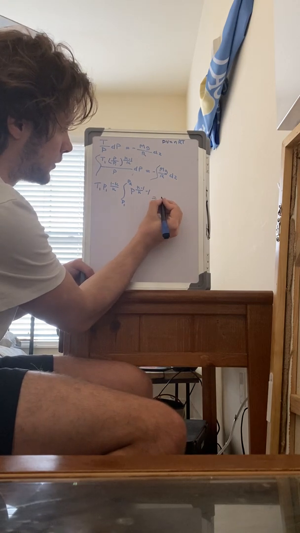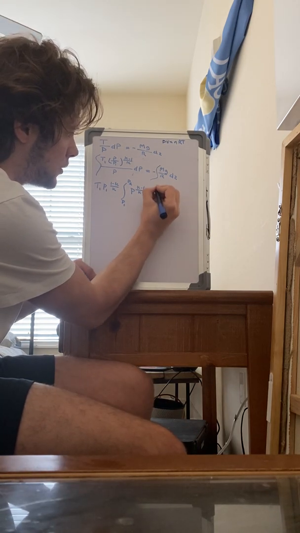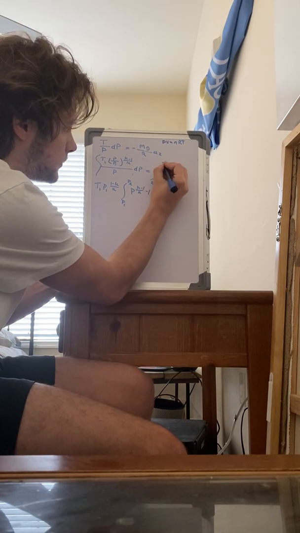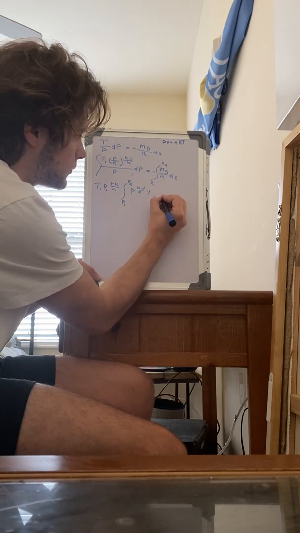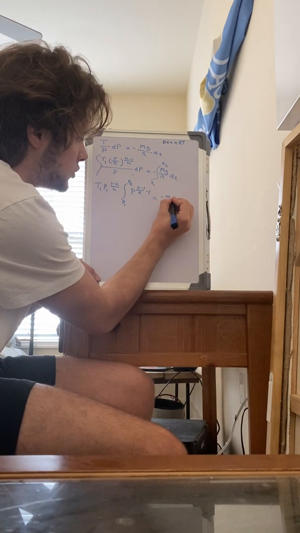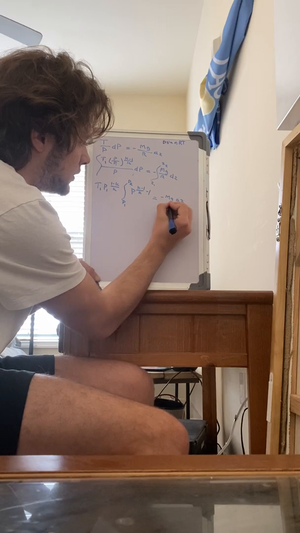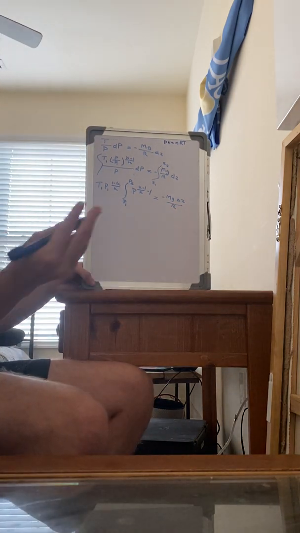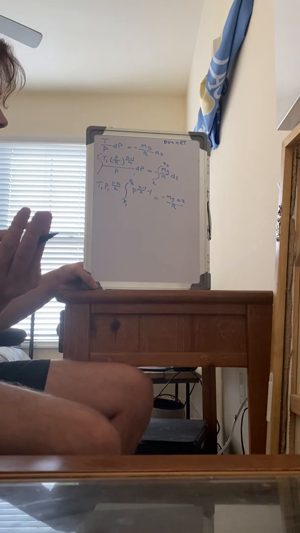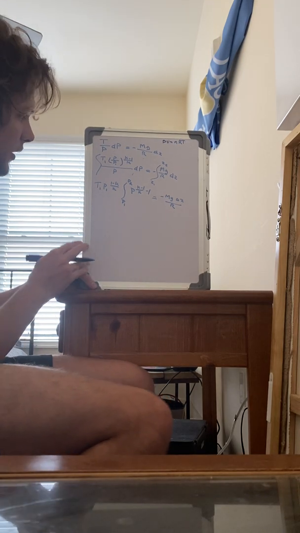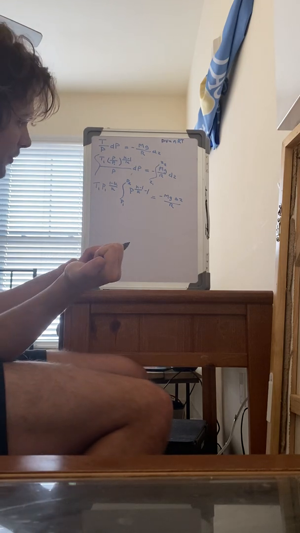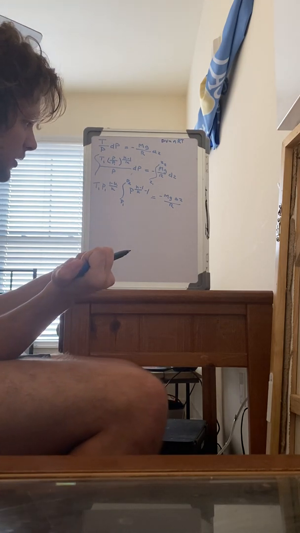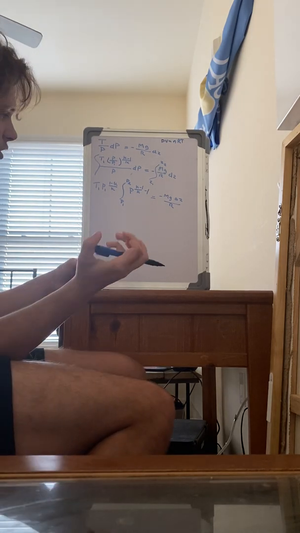And then that's going to equal minus mg delta z over r. So that's obviously a simple integral. This one is a little bit more complex, but still not bad. I'm going to go ahead and just continue.